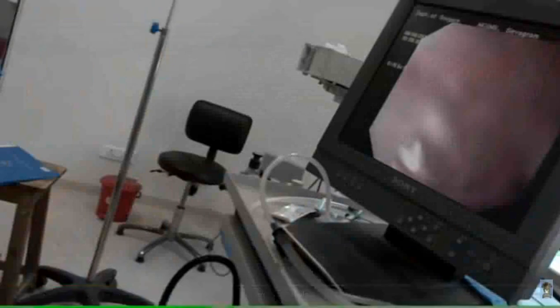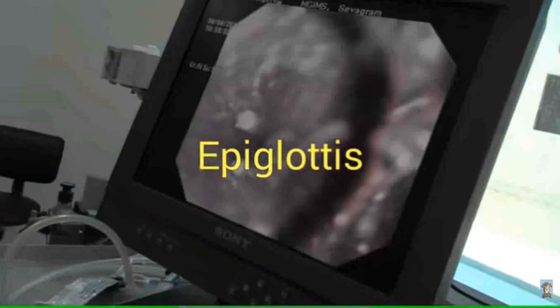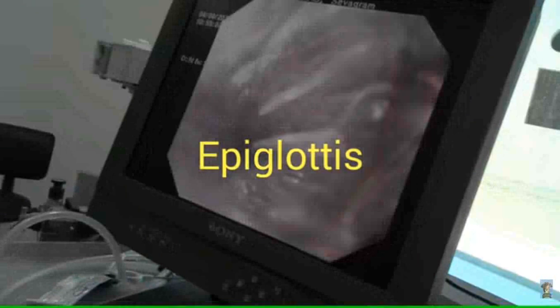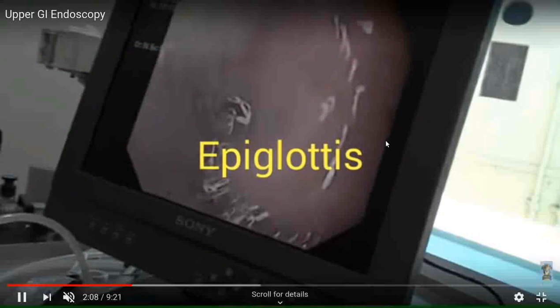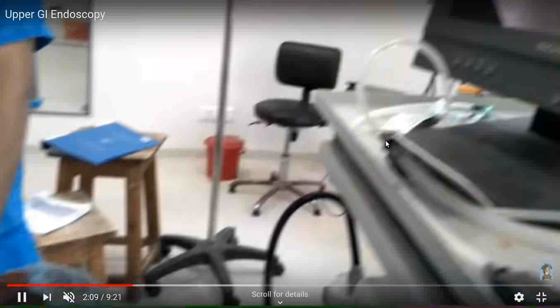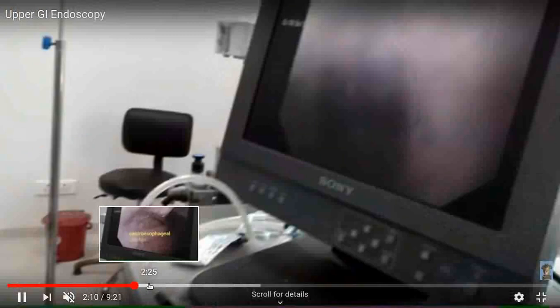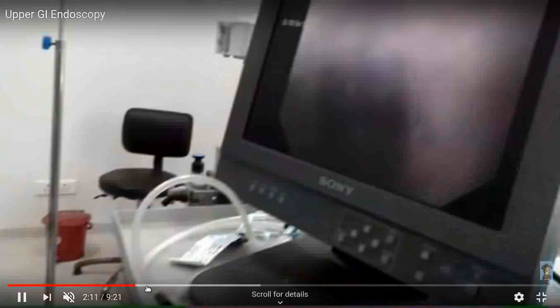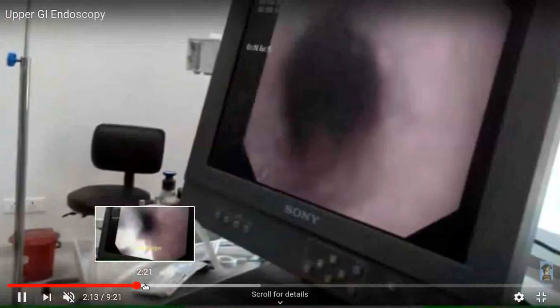You can see here, they have kept the mouthpiece, the patient is in left lateral position, and the gastroenterologist will be introducing the endoscope through the mouthpiece. While he is introducing, he can visualize that area here on the screen.